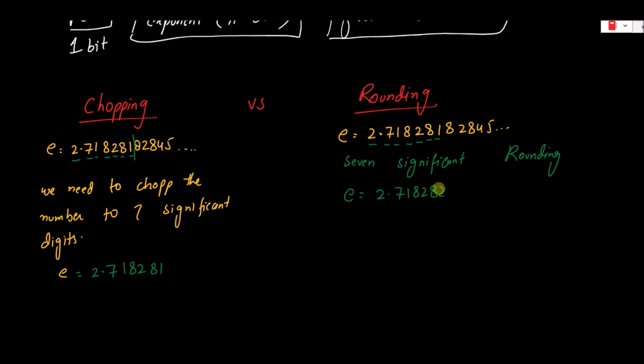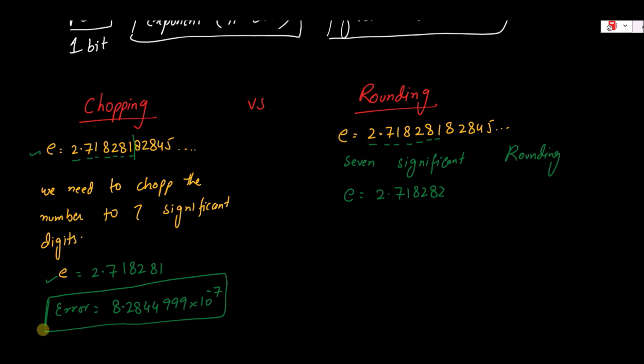When we are going to find the error, this is the actual value and this is the approximated value. In that case, the error will be equal to 8.2844999 into 10 raised to the power -7. That is the error for chopping if we chop the numbers.